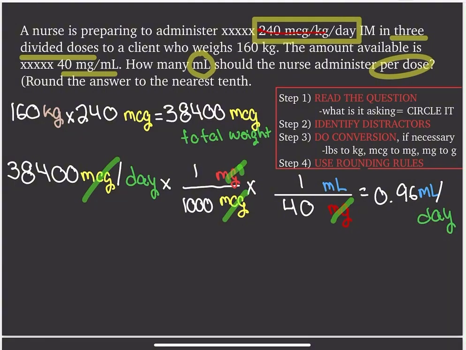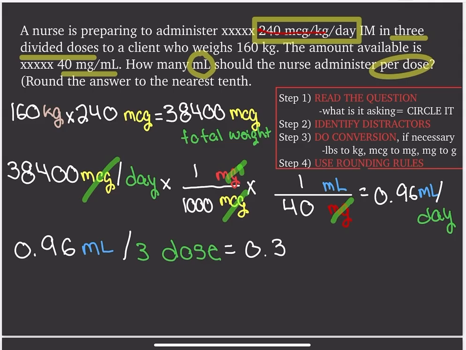Now that we got the milliliters per day, we need to know how many milliliters per dose we are going to be administering. So we take our 0.96 milliliters and divide it by 3 doses, because the question is asking how many milliliters per dose.